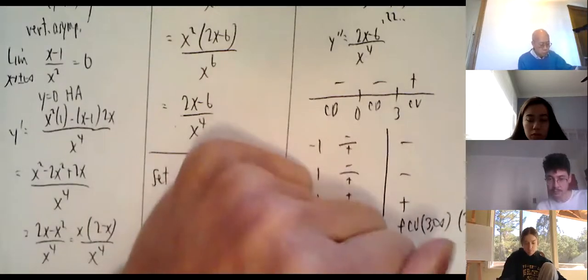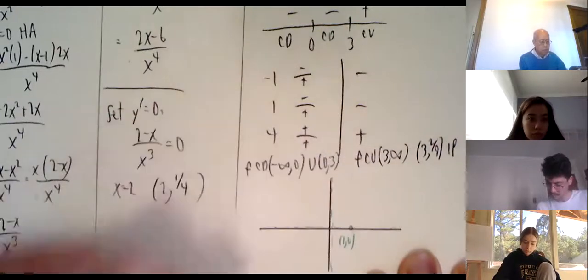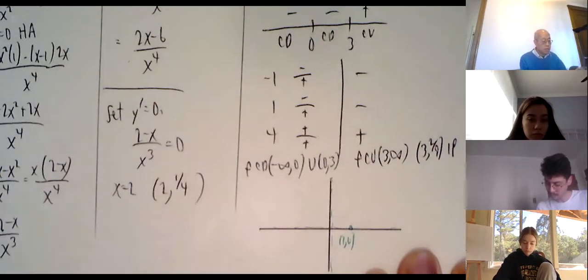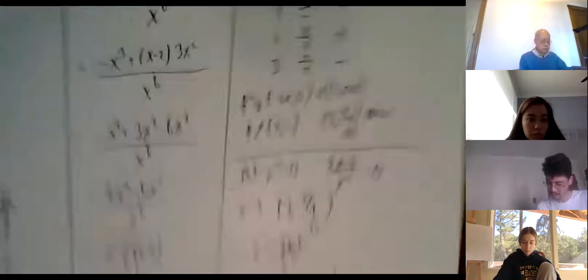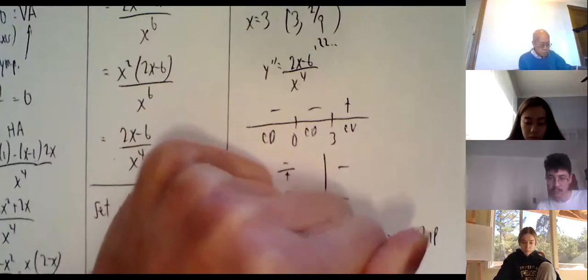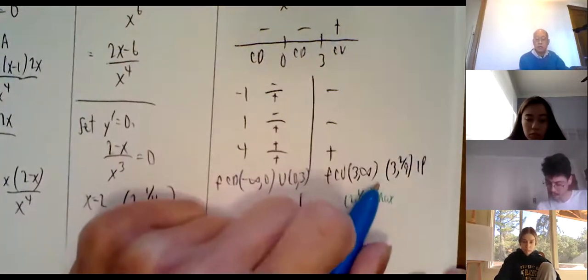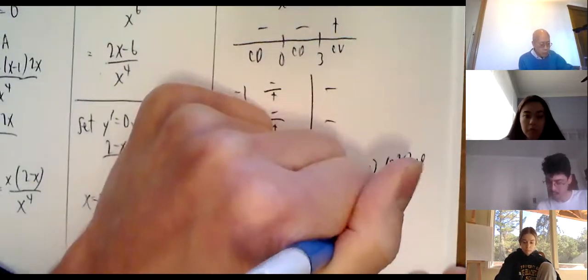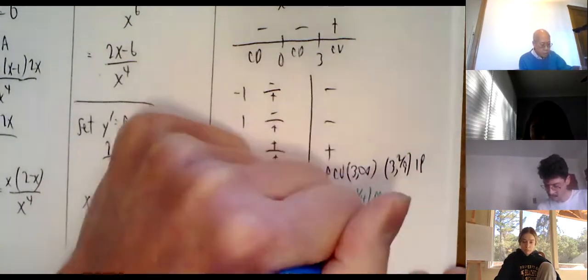Intercept at (1, 0). So here's (1, 0). A maximum at (2, 1/4). This is definitely not going to be the scale. (2, 1/4), max. (3, 2/9) is a little bit below that. (3, 2/9) is an inflection point.